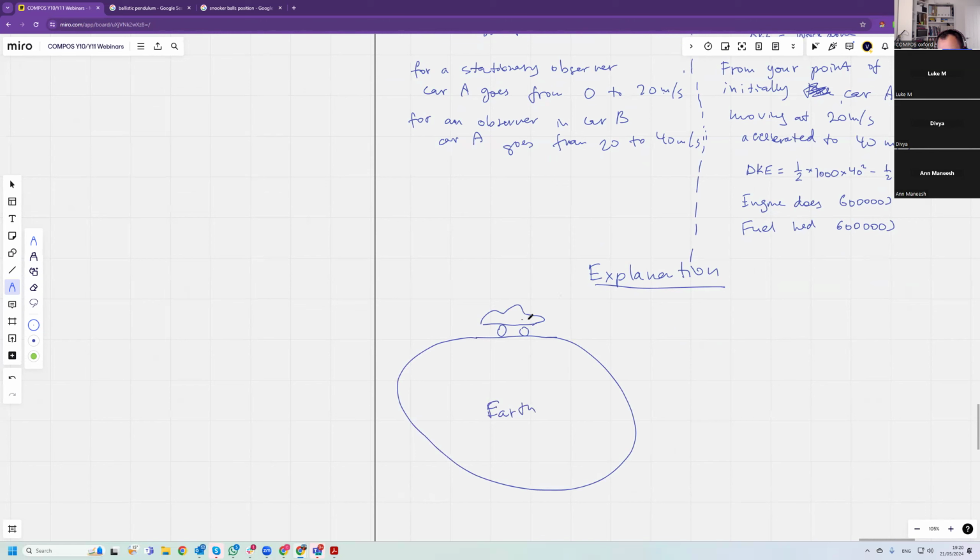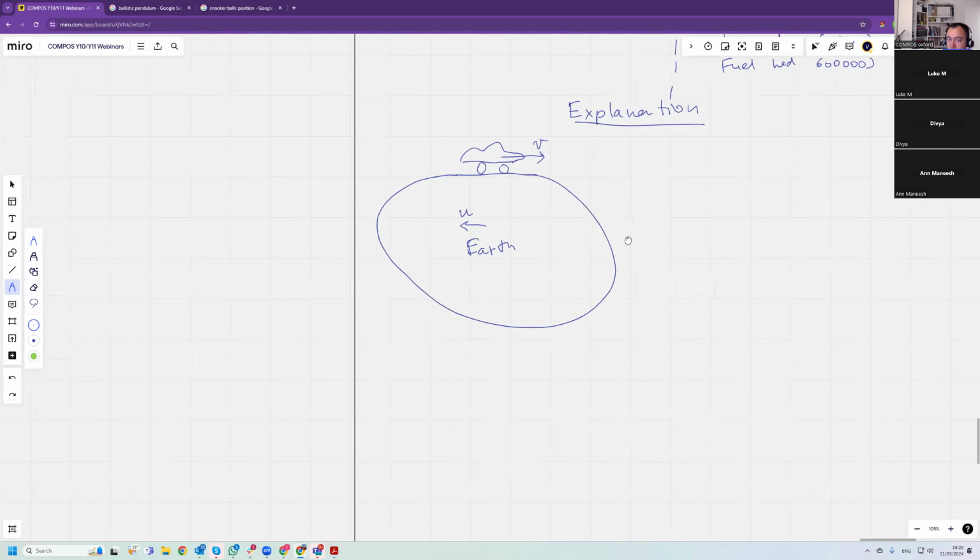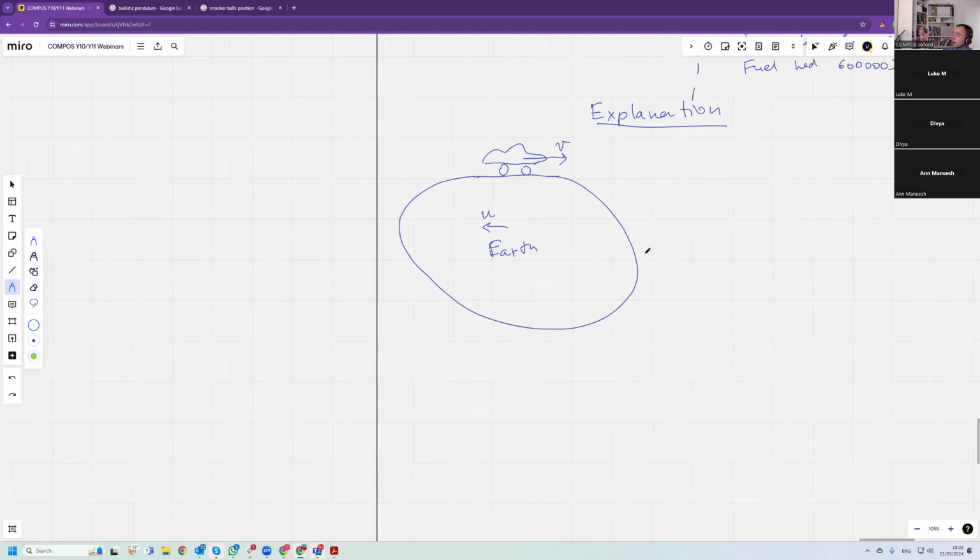As the car accelerates to the right, the planet Earth accelerates to the left. It has to. Well, maybe not the whole Earth, but little parts of Earth. But overall, there is a shift in the Earth. Actually, the Earth changes shape slightly because of the car. So the car pushes forward, so the Earth has to move backwards.